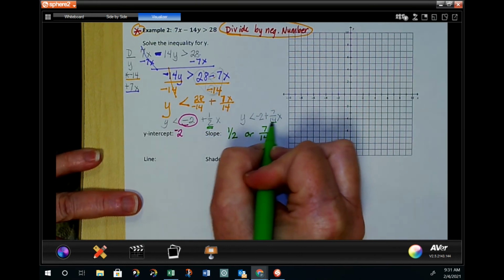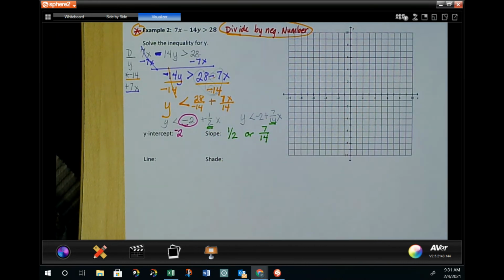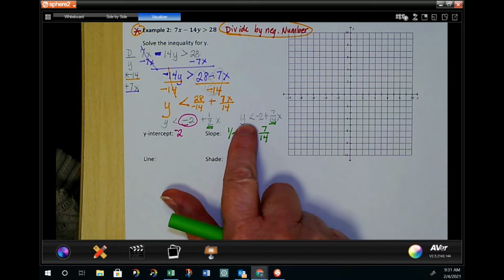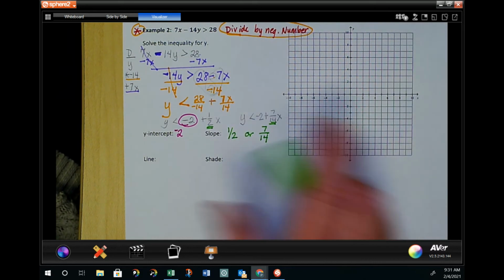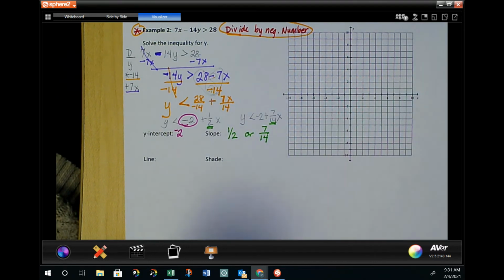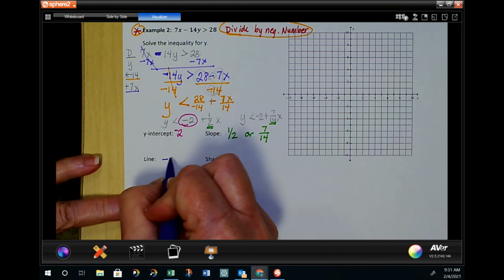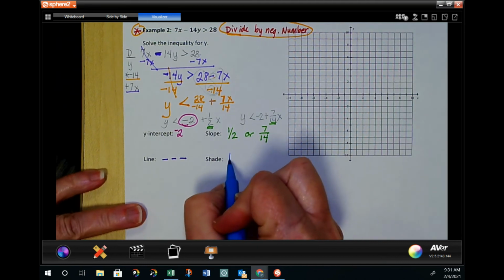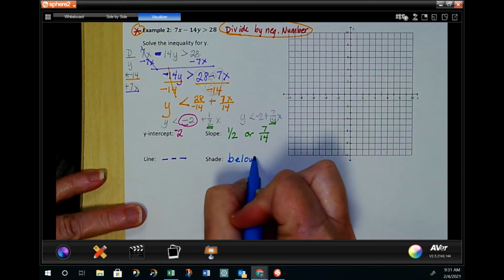Remember your slope is always next to x. It's like married to x, or in a nice little relationship with each other. Then we don't have a line underneath it. When we don't have a line, it's going to be dotted. And because we flipped it, it's going to be below. So we're going to shade below our line.